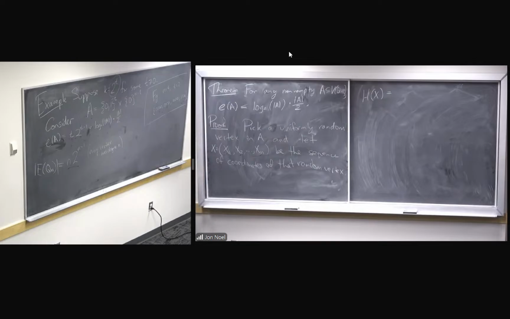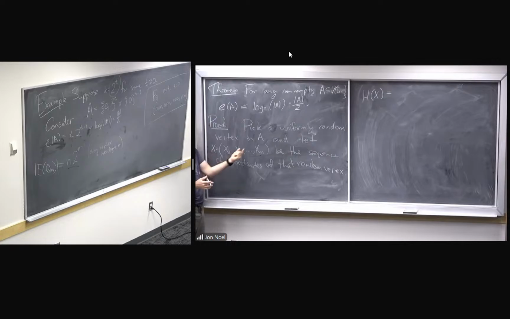This is a general principle that is useful in almost all applications of entropy: if I take a uniformly random element from some set, how big is the range of X?